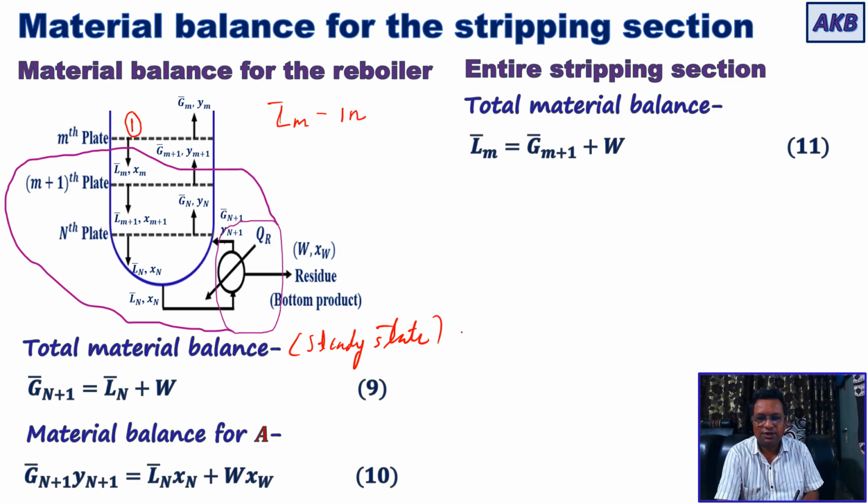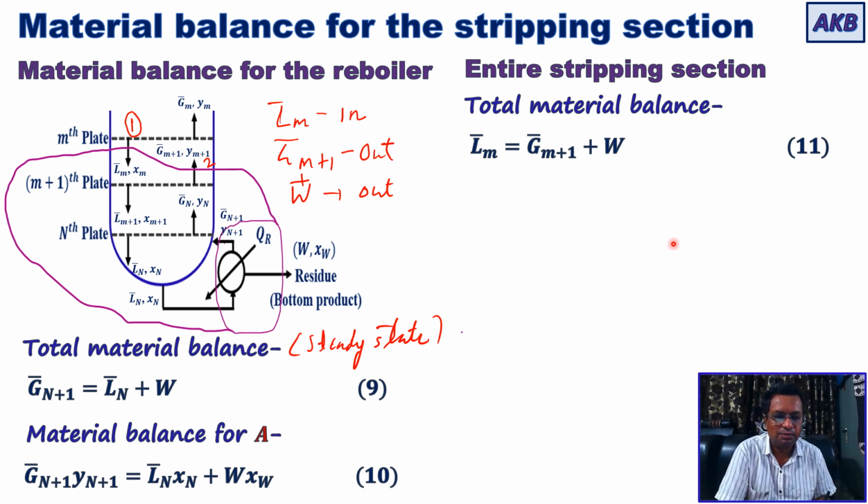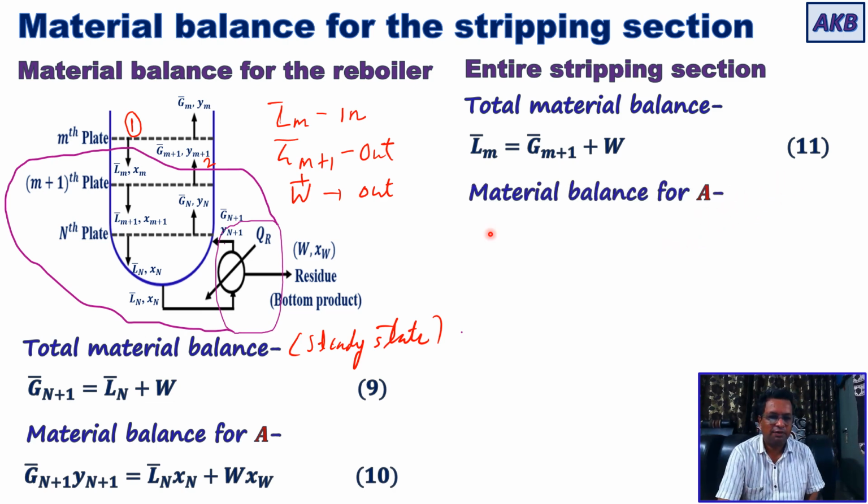Then which is the other stream? This is the second stream, G bar m plus 1. It is going out of the envelope. And the third material stream is W, that is going out. So total material balance at steady state, in is equal to out. L bar m is equal to G bar m plus 1 plus W. So continuing with our numbering, this will be equation number 11.